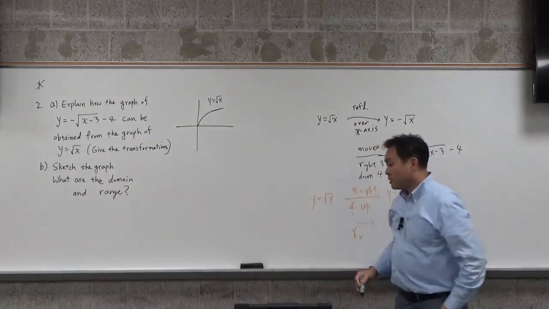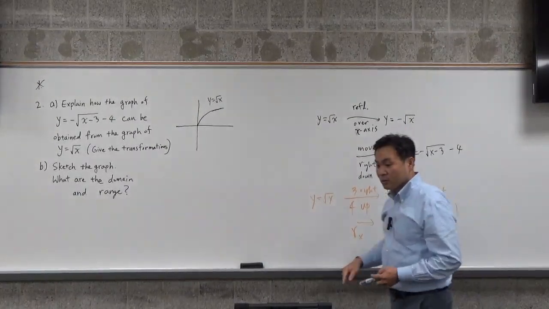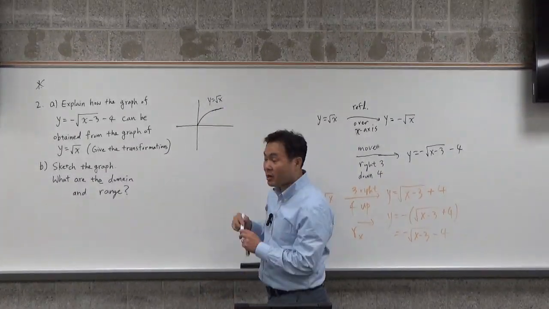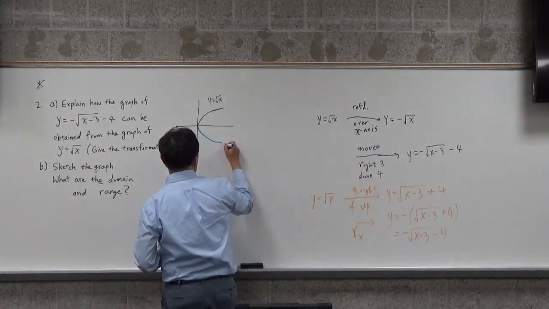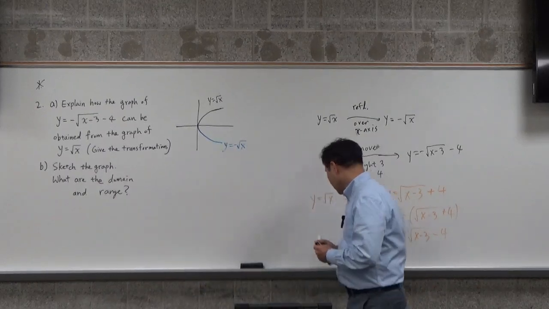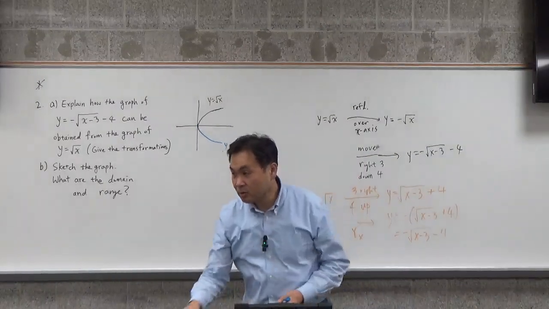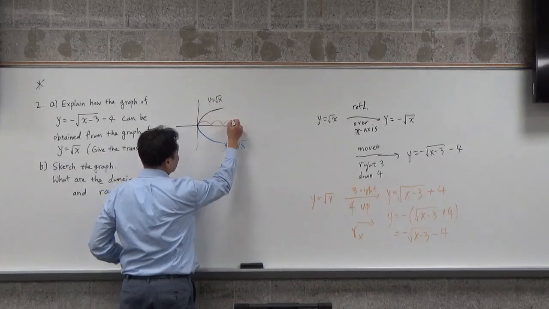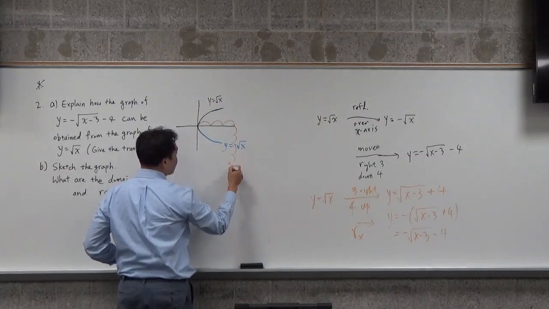Now let's think about what happens if you put a minus. What does the minus do? It flips over the x-axis. So you get y equals negative square root of x. And then furthermore, this is shifted 1, 2, 3 steps right, and then 1, 2, 3, 4 steps down.